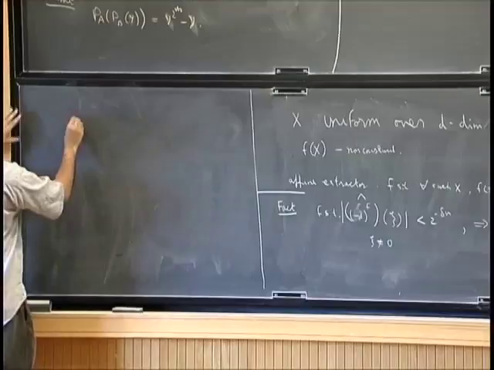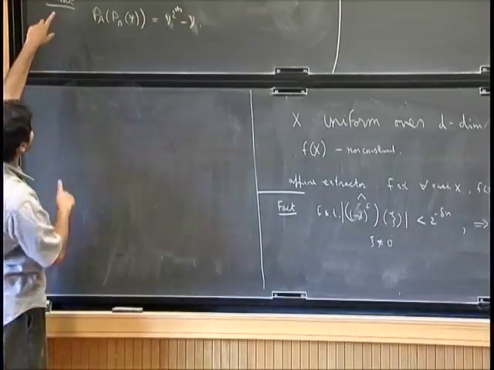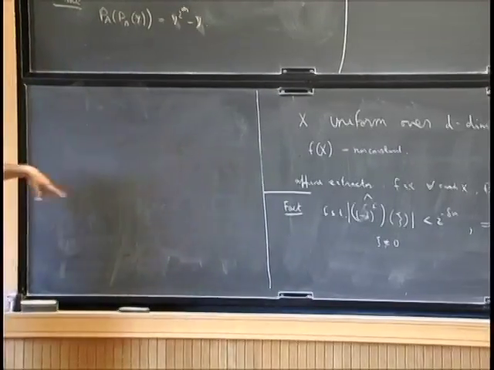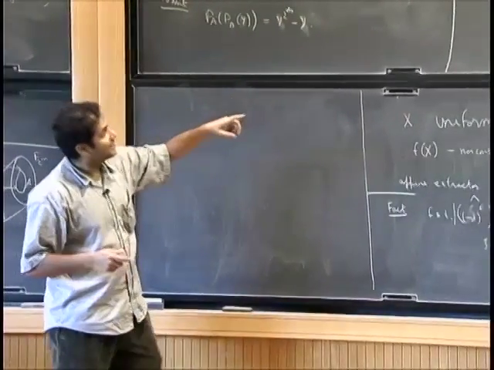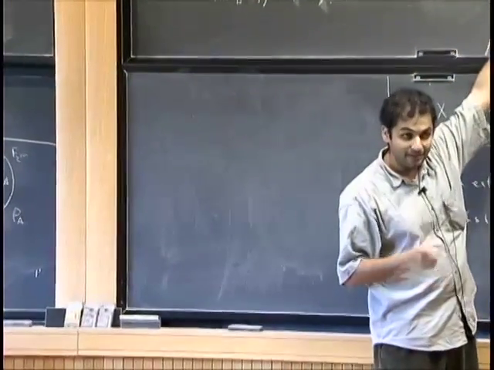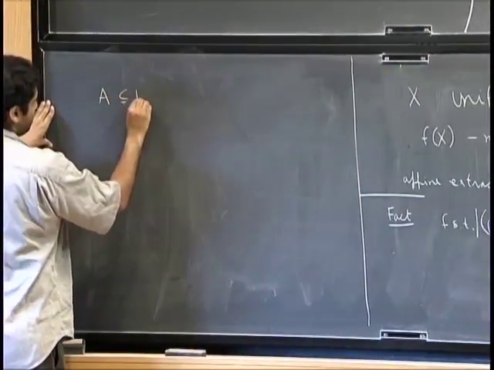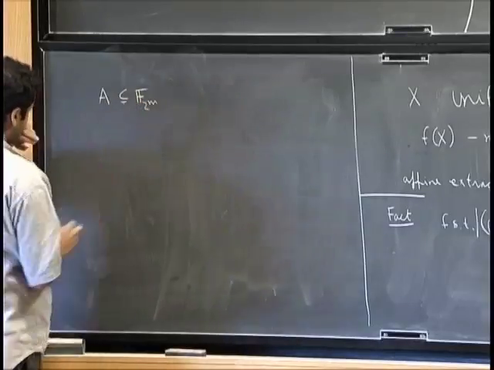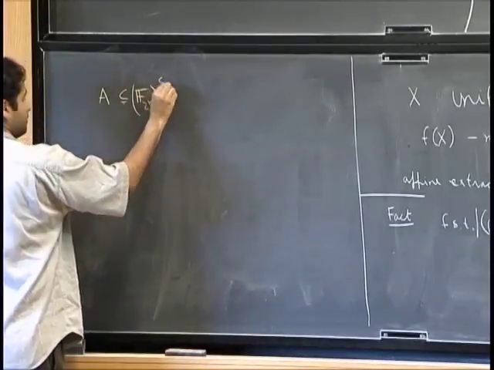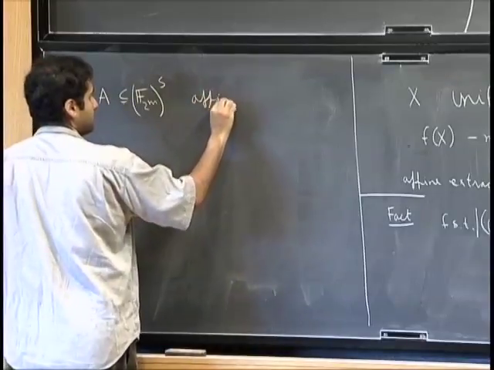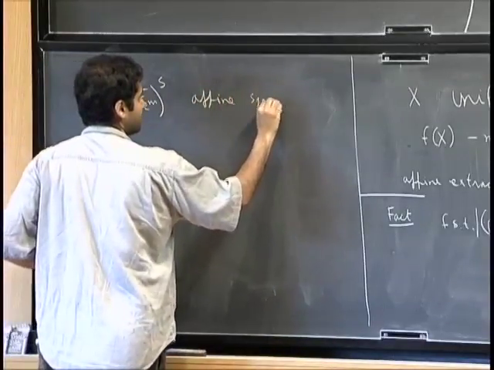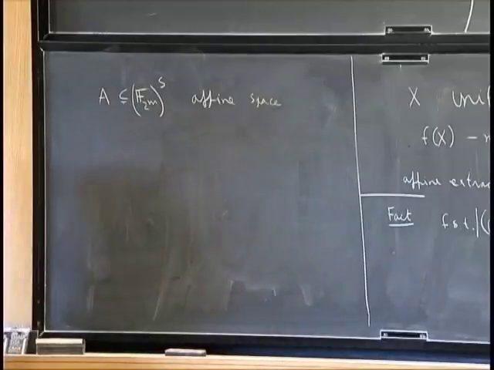Okay, so I have this. Now A was a linear subspace of f2 to the m, but A is now going to be a linear subspace of f2 to the m n, which is f2 to the m to the s from now on. So the first step of the analysis will take that.